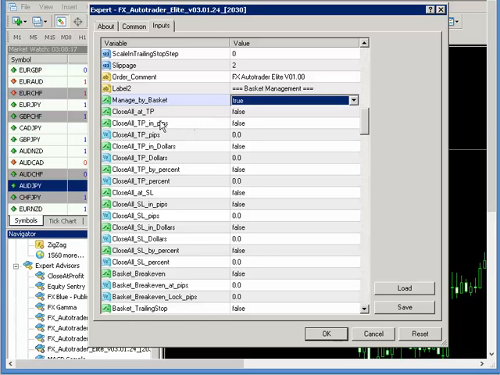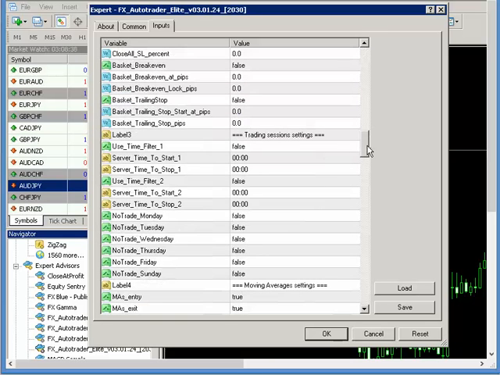And then we can close them all at take profit in pips, in dollars, or by percent of account balance. So we have a choice of how we want to manage that basket.